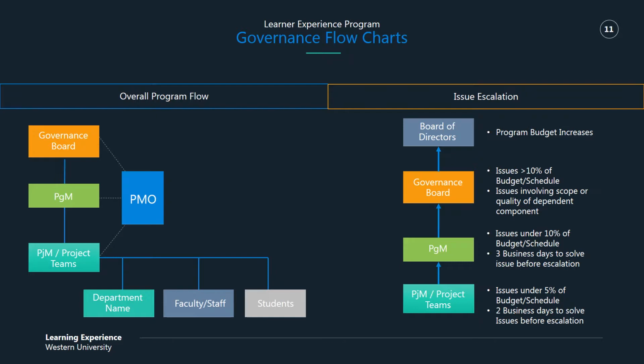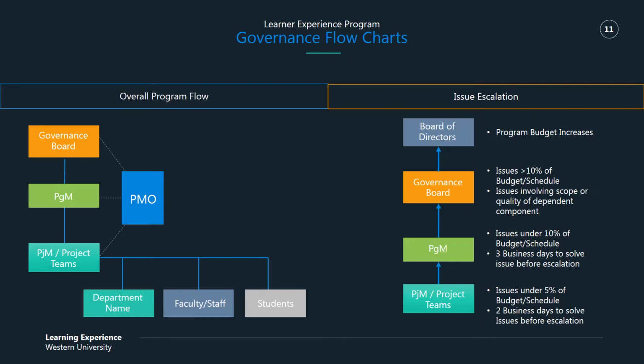And then for our project teams and project managers, they're going to be assisting with various levels of project level methodologies. So if the PM is unaware of how certain things should be done, the PMO acts as a resource to them.